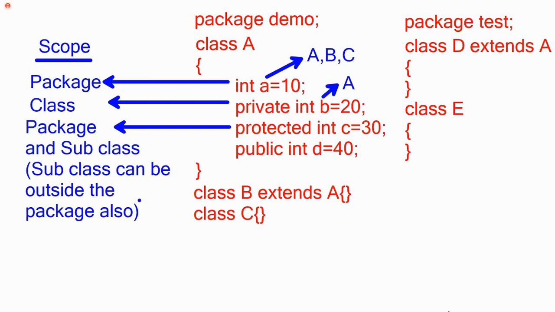So a protected variable, in the package you can access, and in a subclass you can access. The subclass can be outside the package also. That means under package scope, how many classes? A, B, C. Under subclass scope, B is already there, and D.